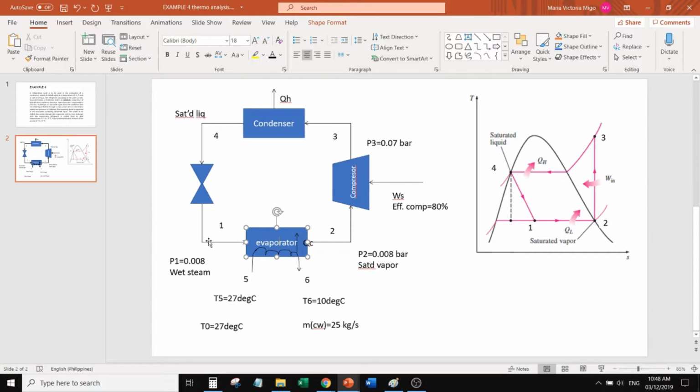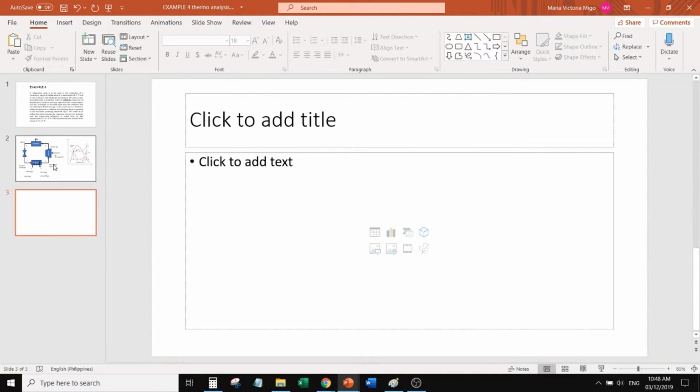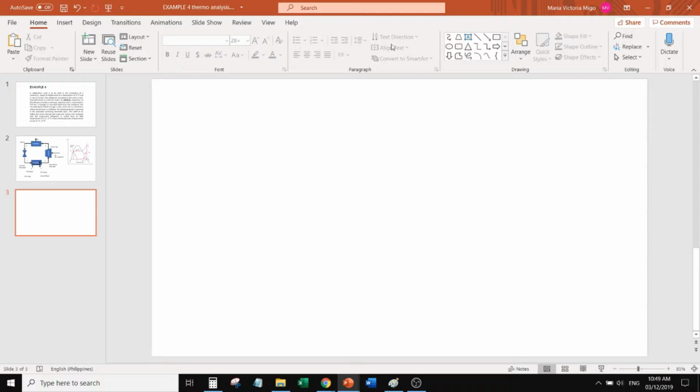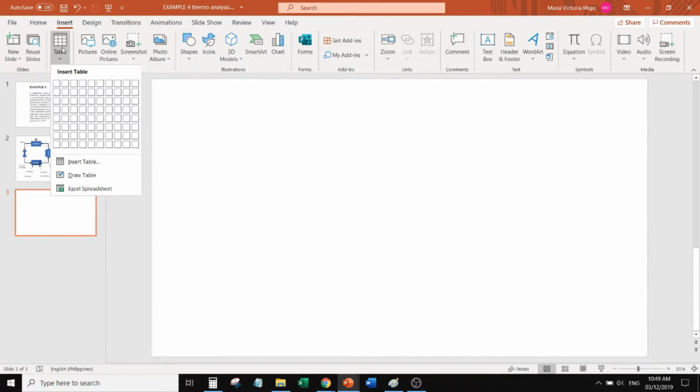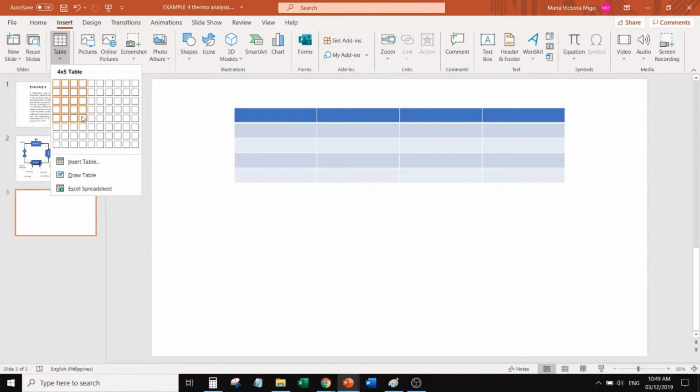The first step, just like our previous examples, would be to make a table. Let's build a table.